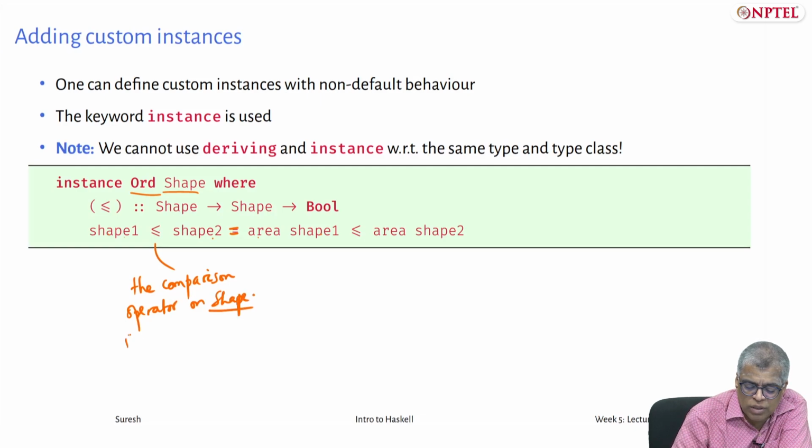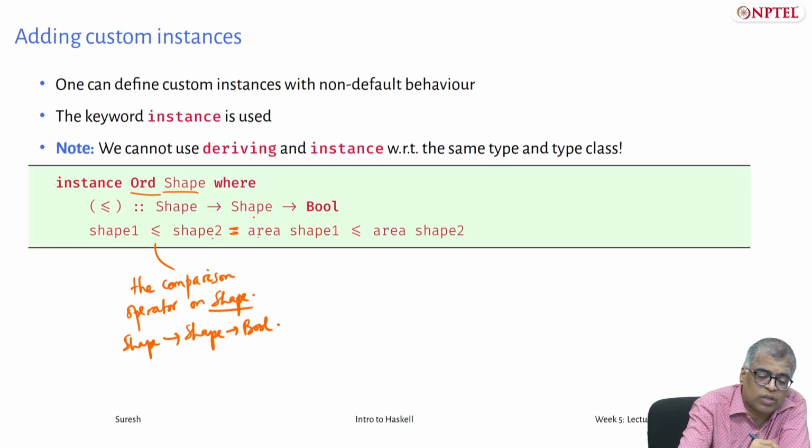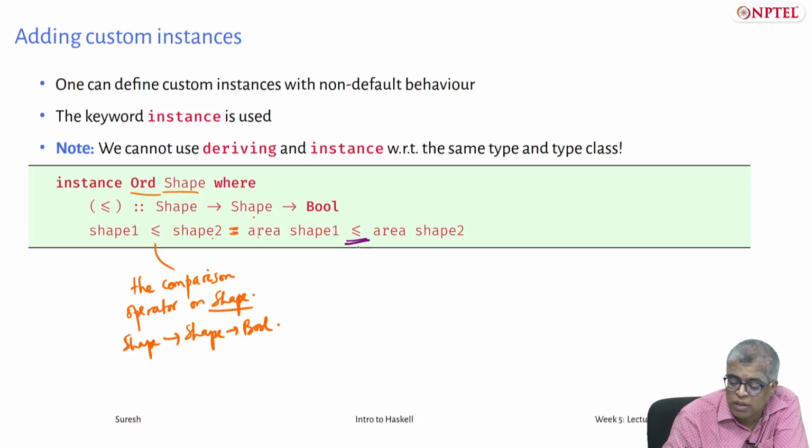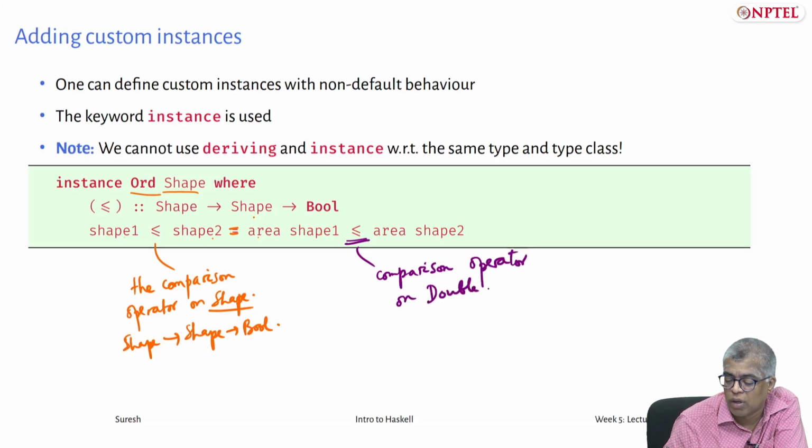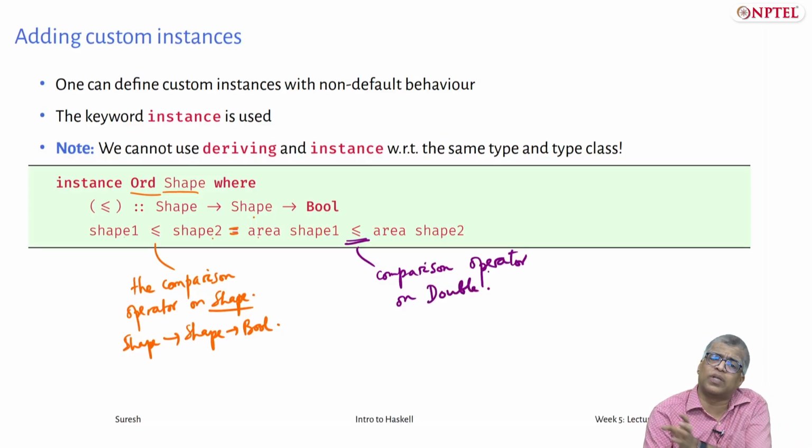Its type is Shape arrow Bool. Whereas this, if you take this part of the definition here, this less than or equal to is the comparison operator on Double, because I am comparing the area of Shape1 with the area of Shape2.